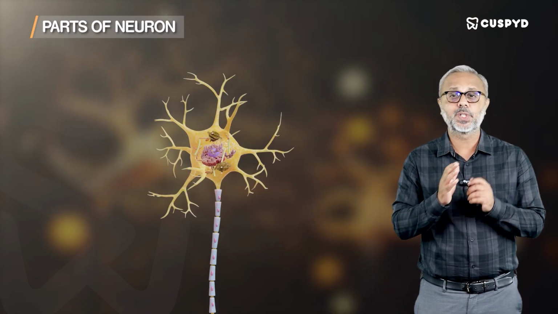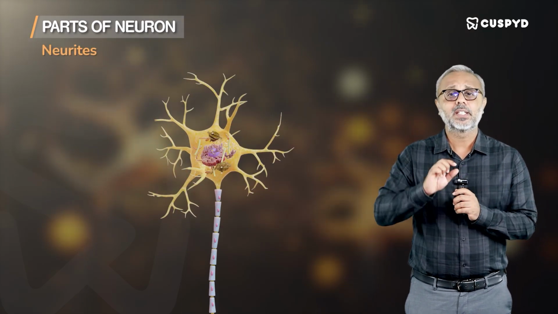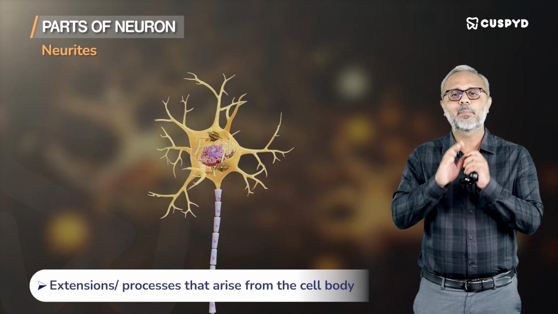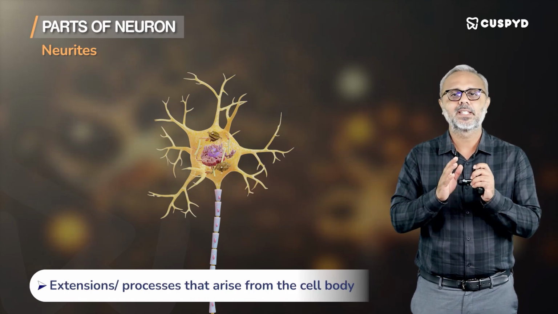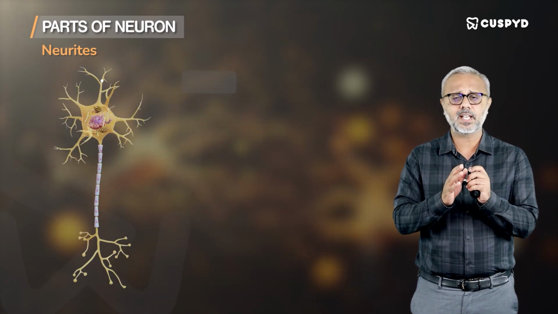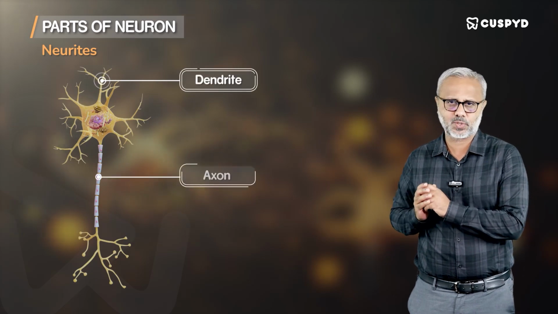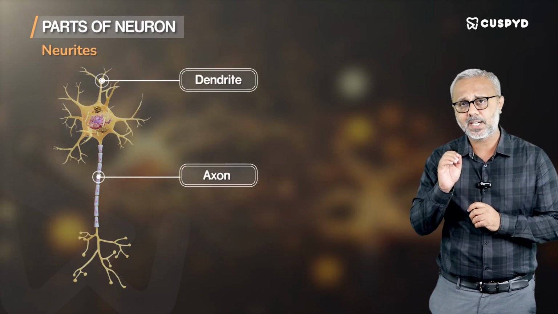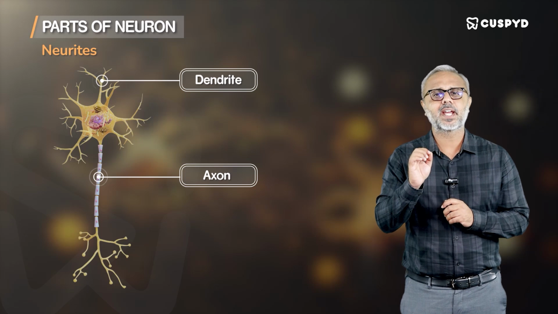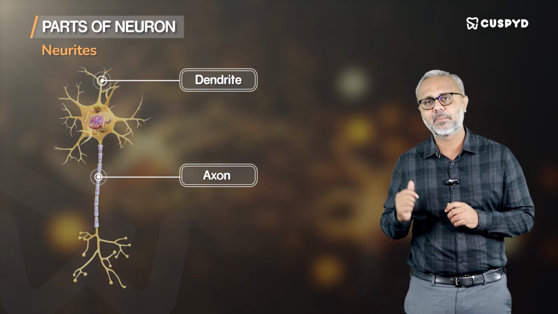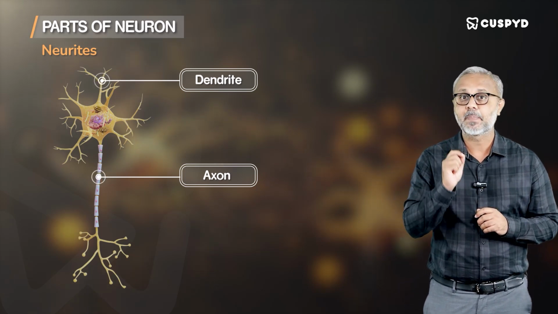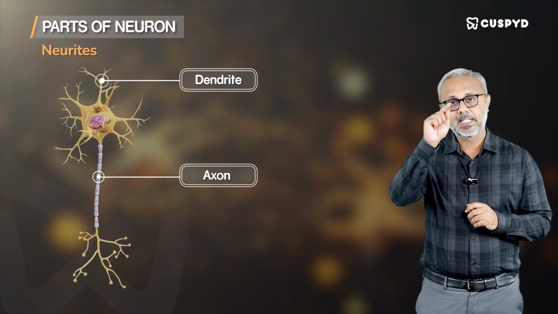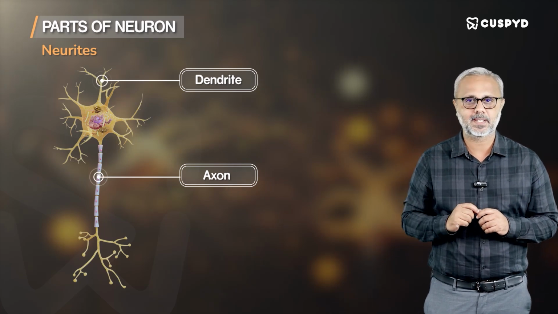Now, coming to the neurites. Neurites are the extensions or the processes that arise from the cell body. These are dendrites and axons. What do we mean by a dendrite? Remember, dendrite and axon are not defined by their length, but by their direction of carrying impulses.